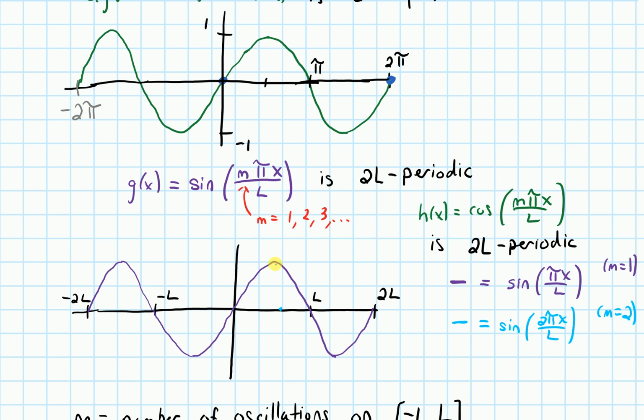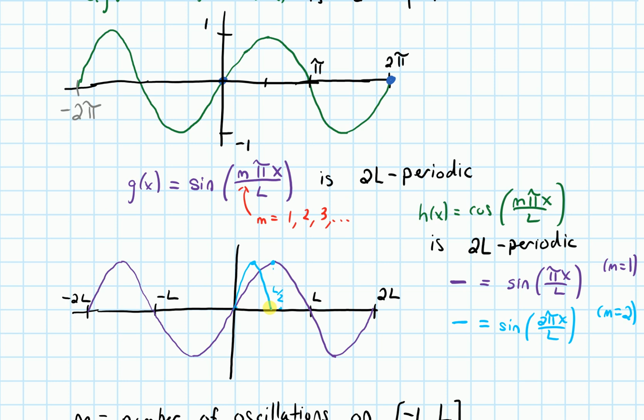So instead of reaching a high point here, it's going to reach it twice as fast. It's going to reach a high point here. So let's start to draw this graph. I'm going to start it at the origin again, and it's going to go up until it reaches this high point, and then it's going to start to fall. Notice that it's reached the x-axis twice as fast as it did before. So this is L over 2 when it's reached the x-axis.